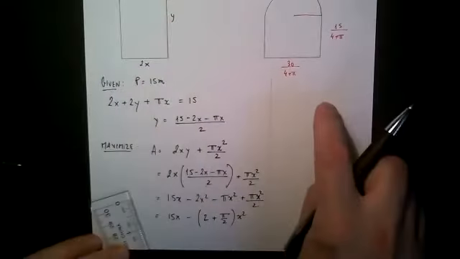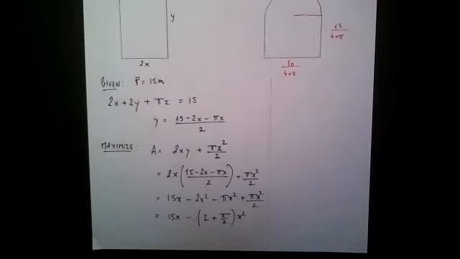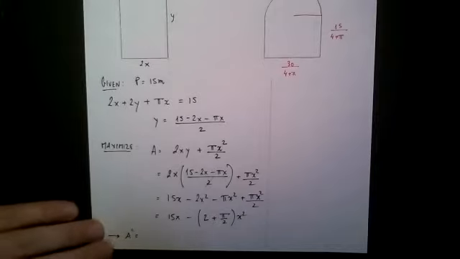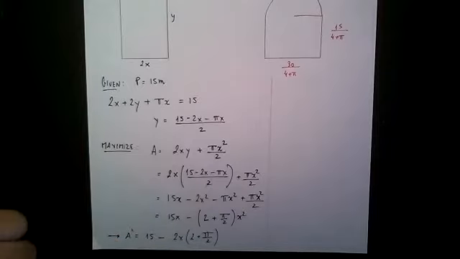I will continue here. What do we do next? Right, we find the derivative. Very good. So A prime is 15 minus the derivative of x squared, which is 2x, so 2x times this number, 2 plus pi over 2.